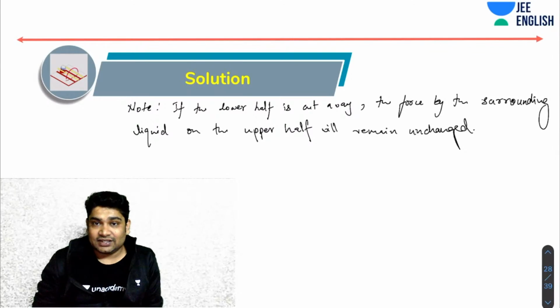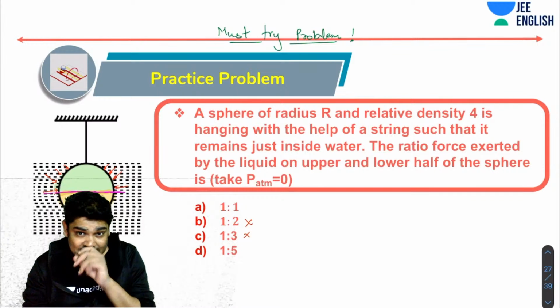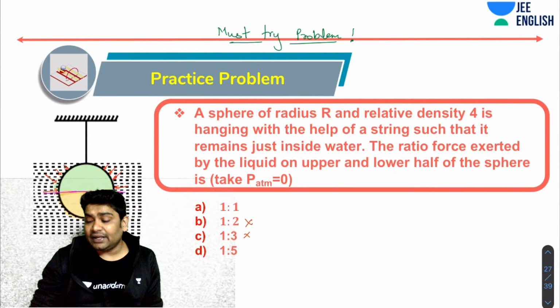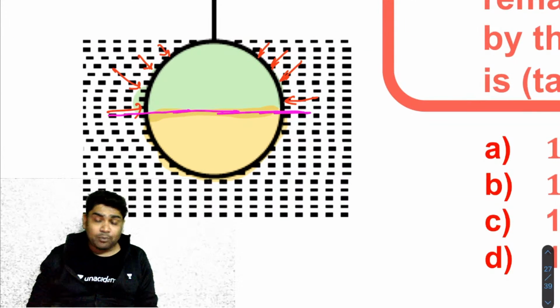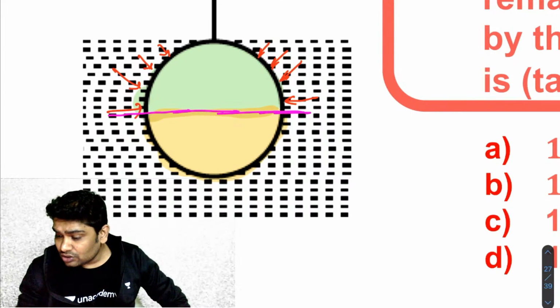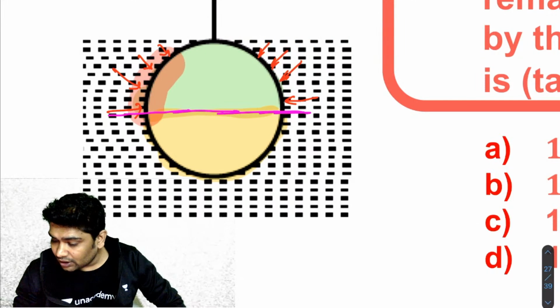Now, first, just let me know if you are convinced with that. See, the point is that you realize whether I keep the upper lower half or not, the pressure on all the points is going to be the same. Right? So think about all the points on the boundary, on this entire boundary.